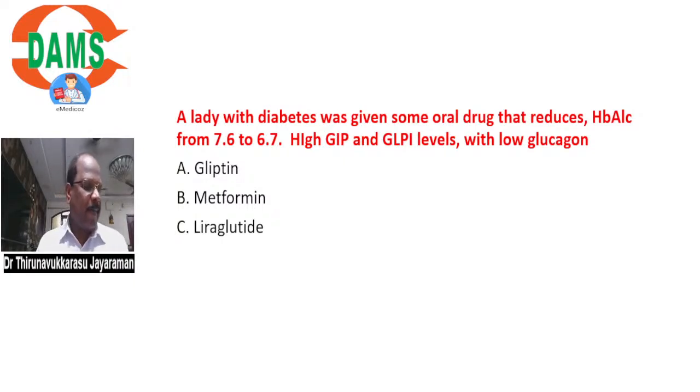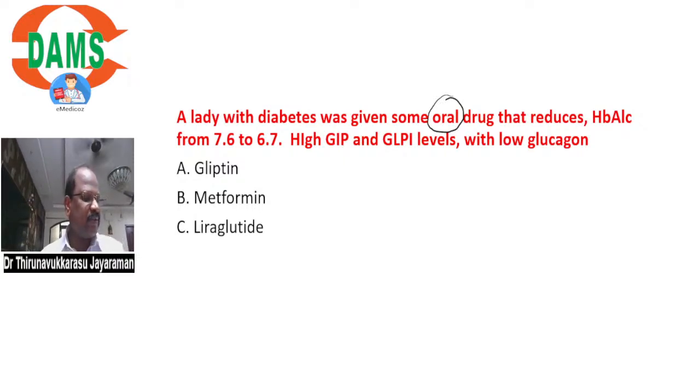Yeah, a lady with diabetes was given some oral drug that reduces HbA1c from 7.6 to 6.7, and the drug also causes high GIP and GLP-1 levels with low glucagon. What is the answer?